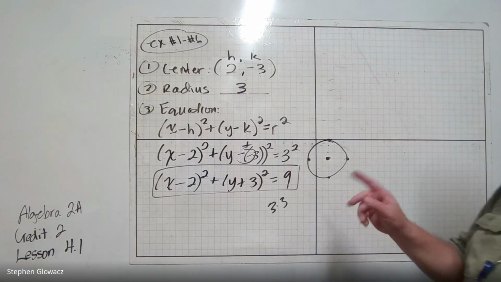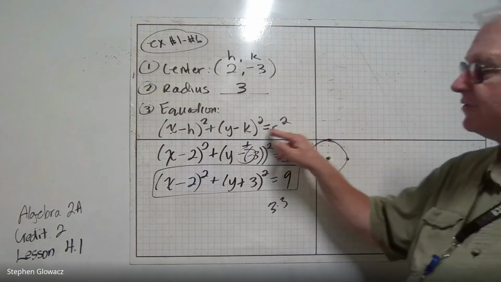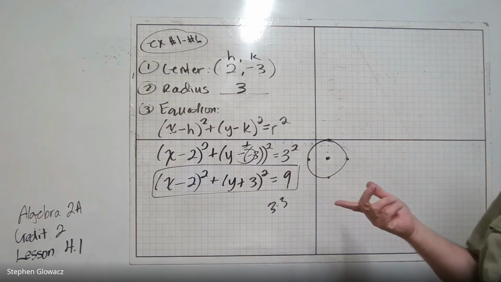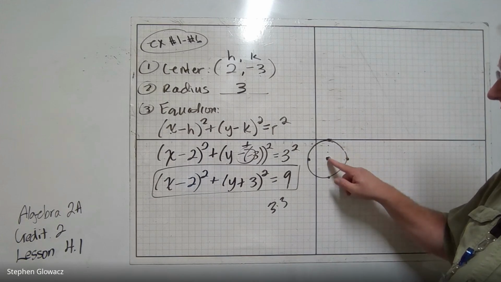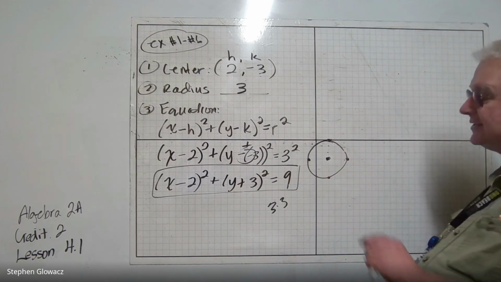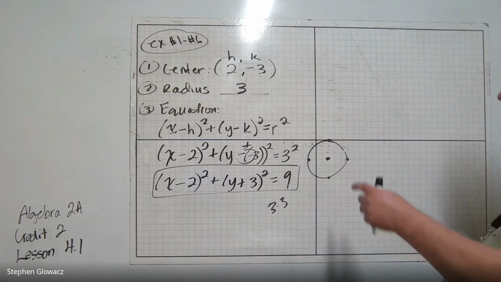If you look at it, we won't talk too much because we're focused on the examples in these videos. But the equation of a circle, the general form, is basically the distance formula. The distance from the center to the edge of the circle. And if you think about it, that makes sense because that's what a circle is.